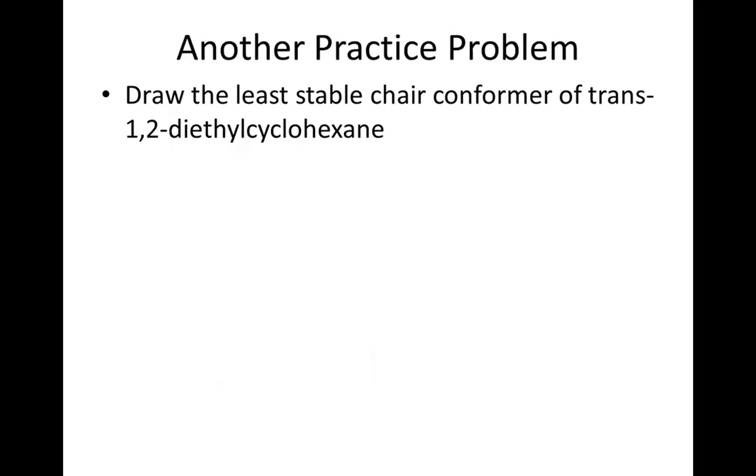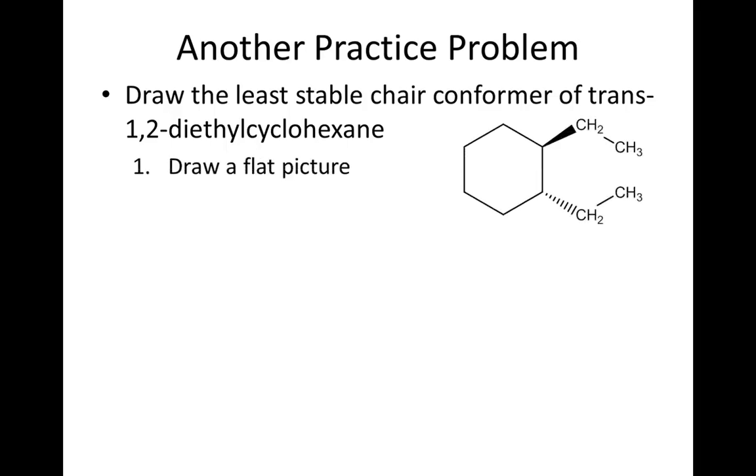Let's try that again. This time we want to draw the least stable chair conformer of trans 1,2-diethyl cyclohexane. So we'll start again with a flat picture. Here they are, and again I've used the bold triangle and the dashed line to show you that one is up and one is down for trans, and they're on adjacent carbons.